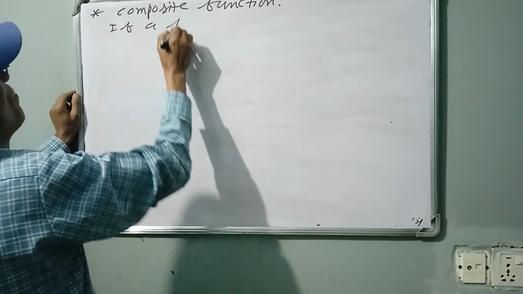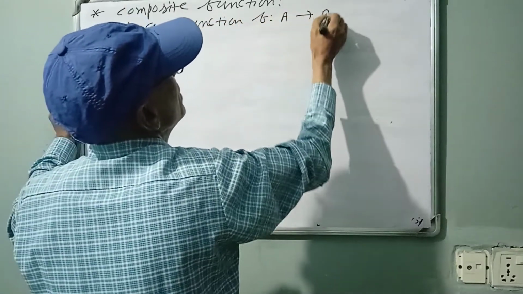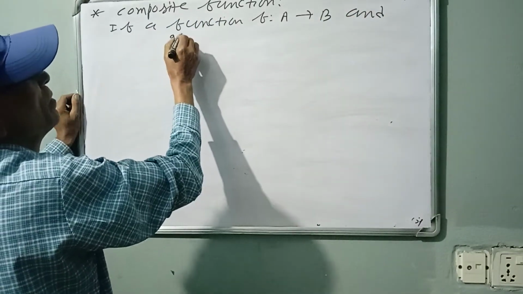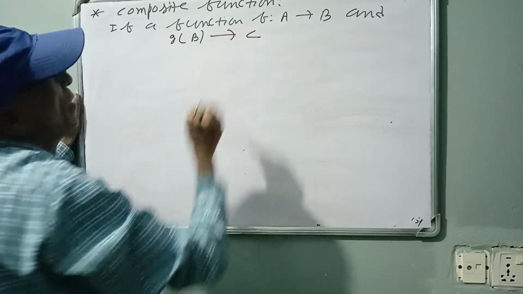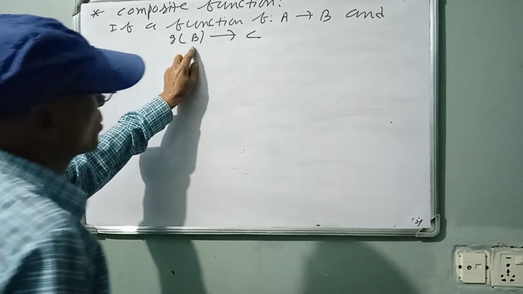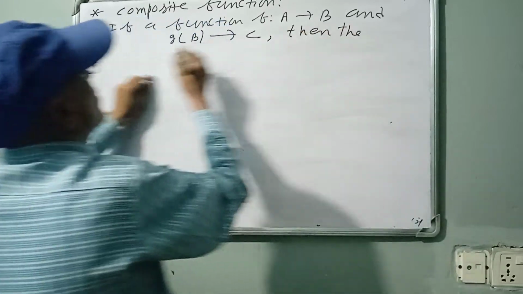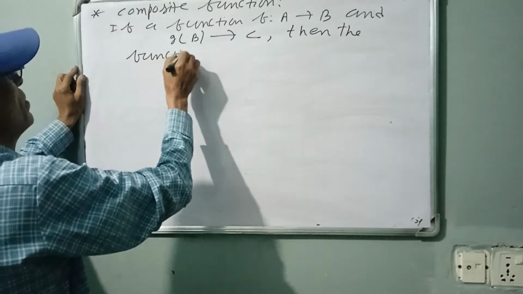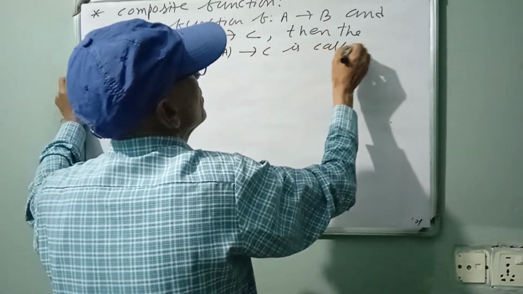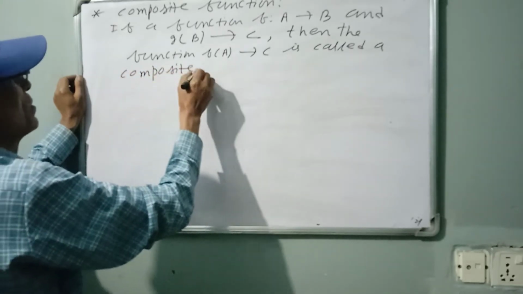A very simple definition: if a function f goes from A to B and another function g goes from B to C, then the function from A to C is called a composite function.